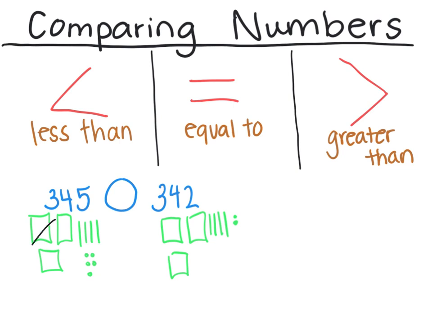So we can see that both these numbers have 300. So then we have to look at the next place. Both have 4 tens. Now we look at the ones place. There's more ones on this side. So that means 345 is greater than 342.